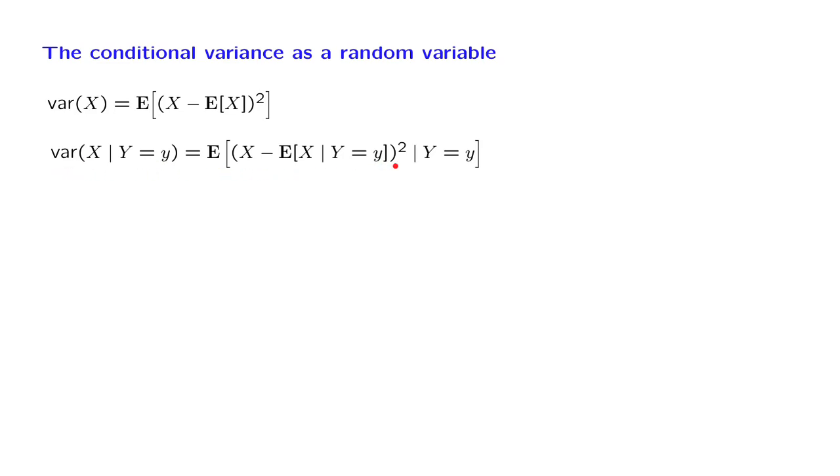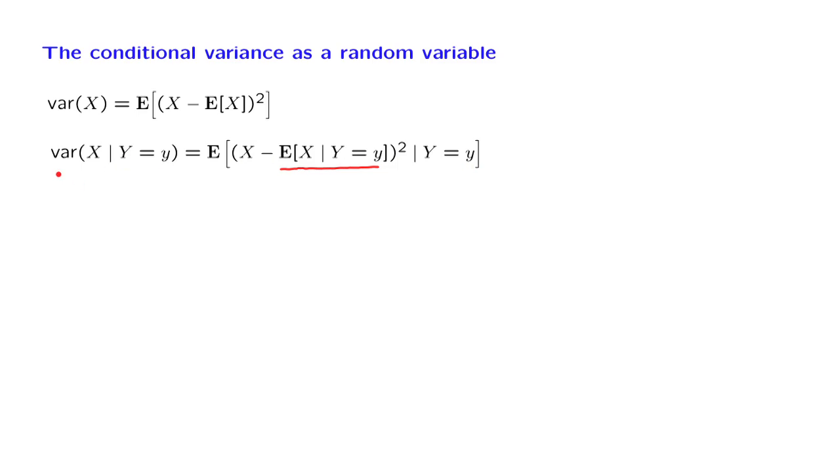It is defined the same way. Well, in the conditional universe, this is the expected value of X, so this quantity here is the deviation of X from its expected value in that conditional universe. We square this quantity, we find the square deviation, and we look at the expected value of that square deviation, but because we live in a conditional universe, of course this expectation has to be a conditional one given the information that we have available.